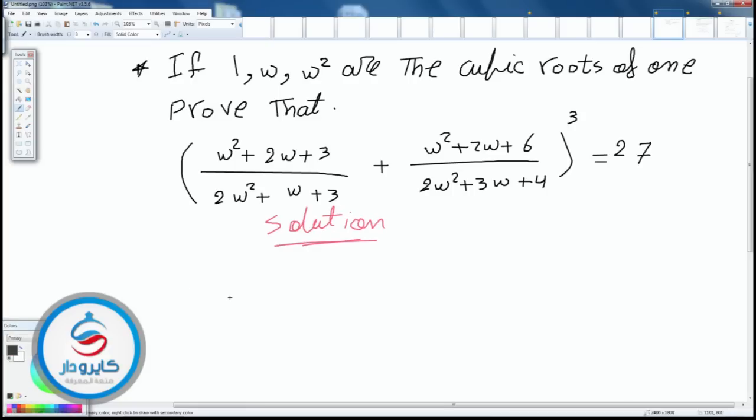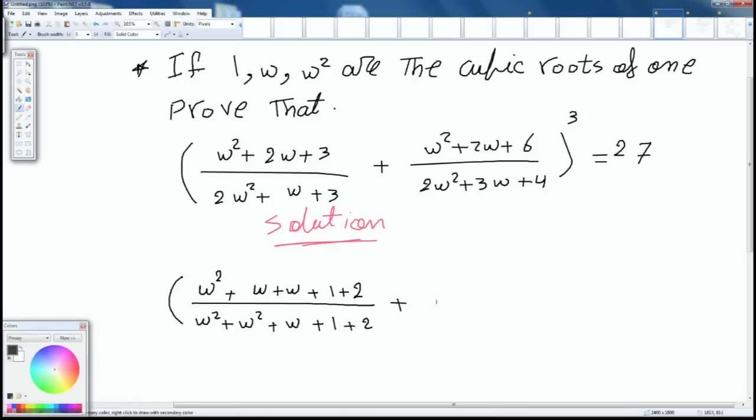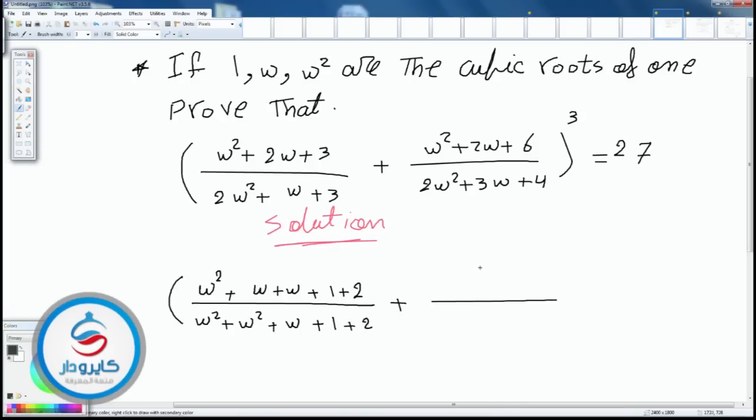First, we have to simplify each of them. How could we do this? Like that. Omega square plus 2 omega means omega plus omega, and 3 equals 1 plus 2. Also, 2 omega square means omega square plus omega square plus omega plus 1 plus 2. We will do the same to the second fraction.